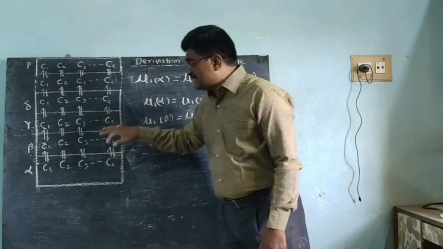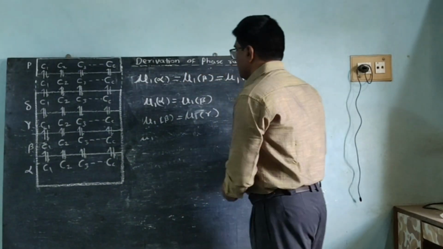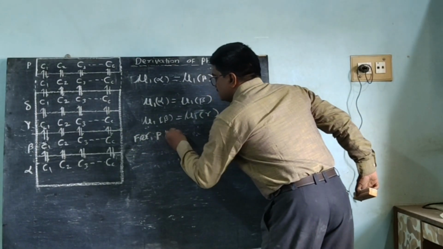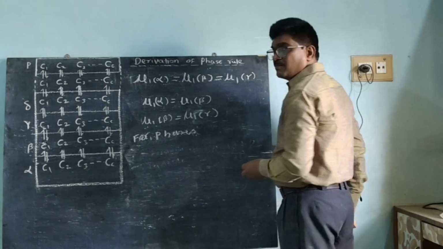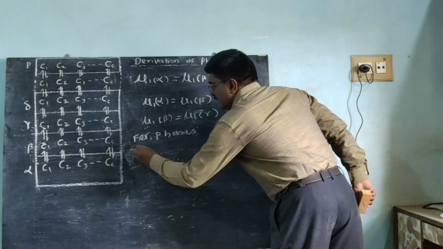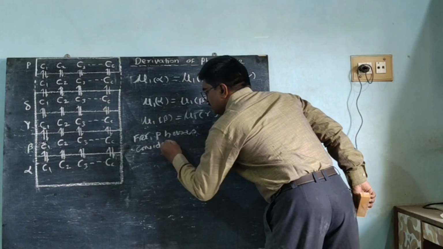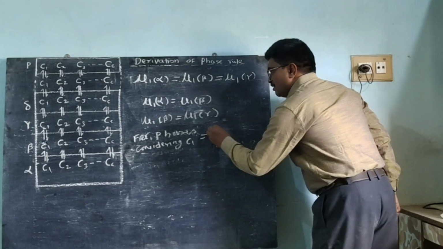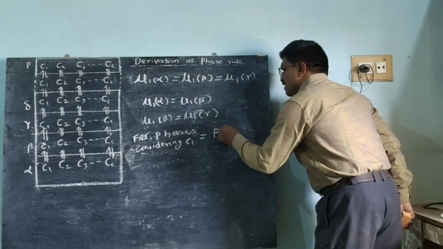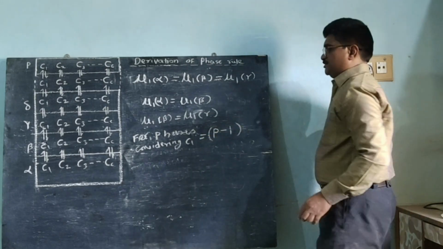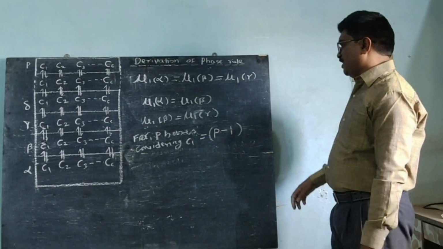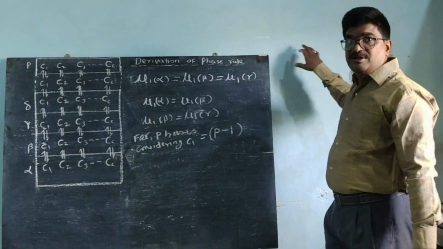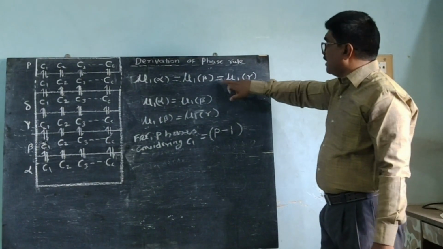So for the same component, considering the C1 component, for P phases, how many independent equations? That is P minus 1 independent equations. Or if you write this equation for P phases, then you will have P minus 1 equality signs.